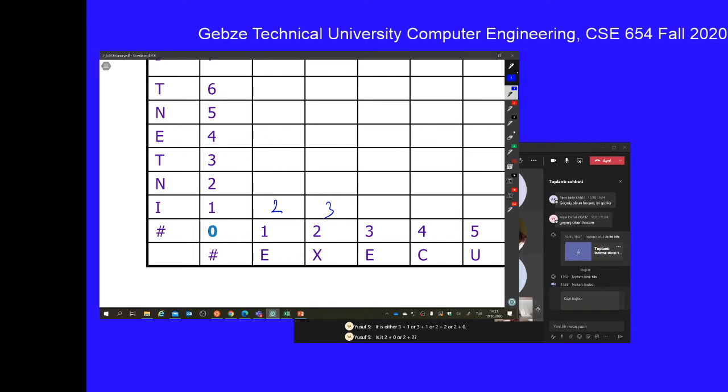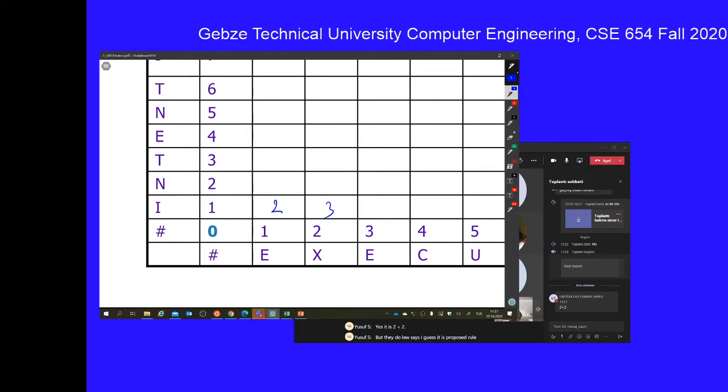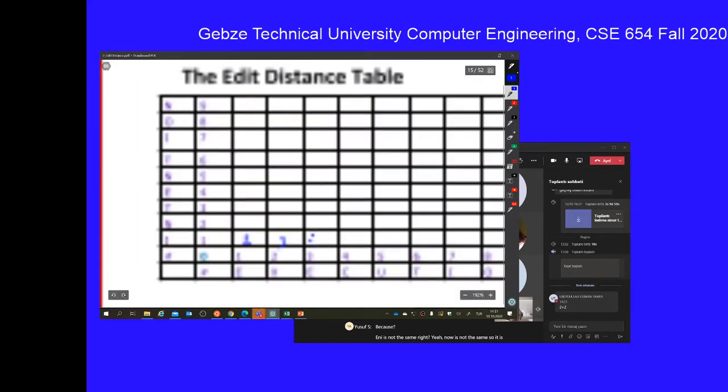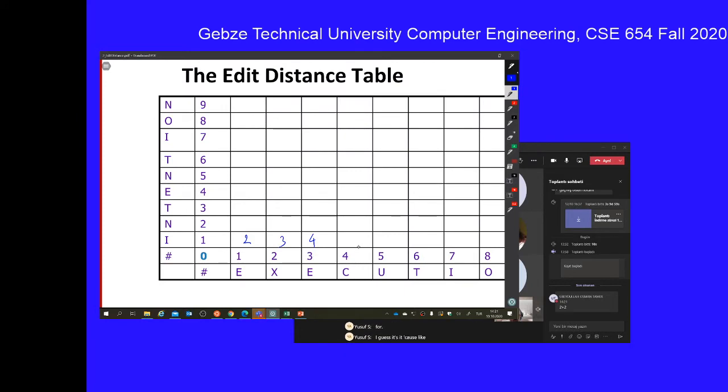Somebody said something? Yes, it is 2 plus 2. Ubaydullah says, I guess, it is 2 plus 2. Why? Because E and I are not the same, right? So it is 4. I guess it goes like, then this one is 5, 6, 7.